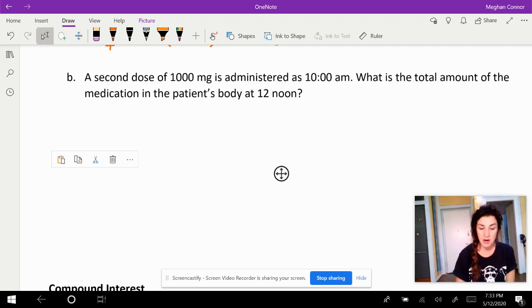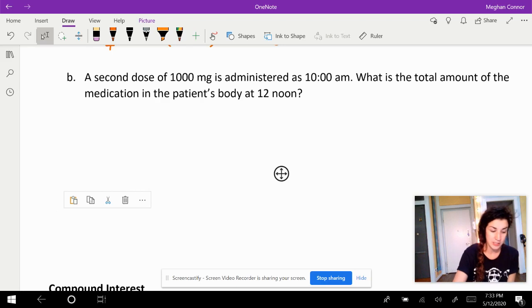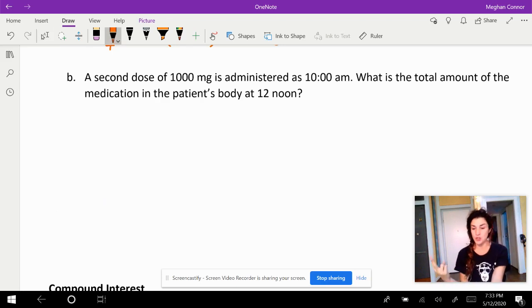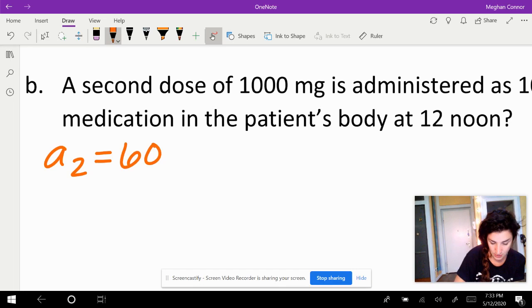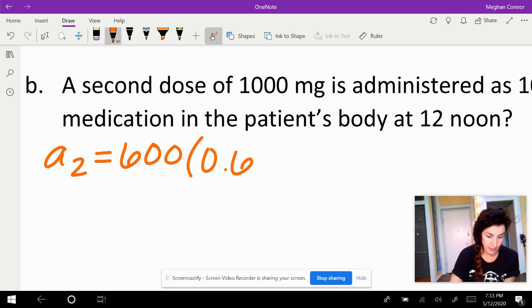I'm first going to figure out how much is left in this person's body at 10 a.m., which is 2 hours after it's been administered. So I'm going to find A sub 2. A sub 2 is 600 times 0.6 to the first power, which is 360.